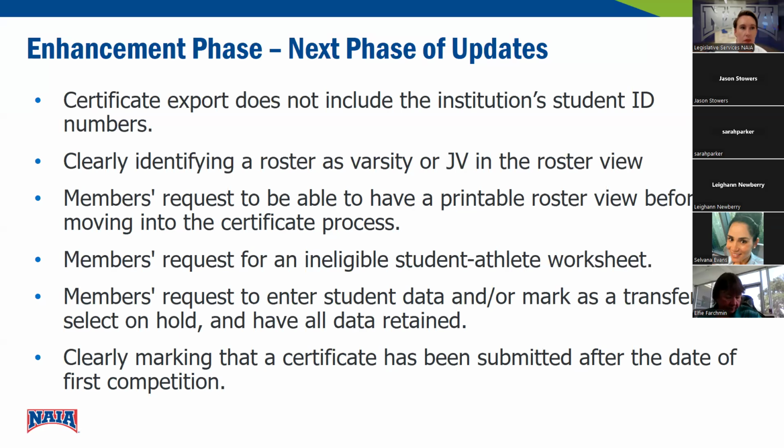Okay. Question on did all prior student athletes transfer over, or do we need to create new rosters? Again, all of your student athletes should be showing in the shortlist view.